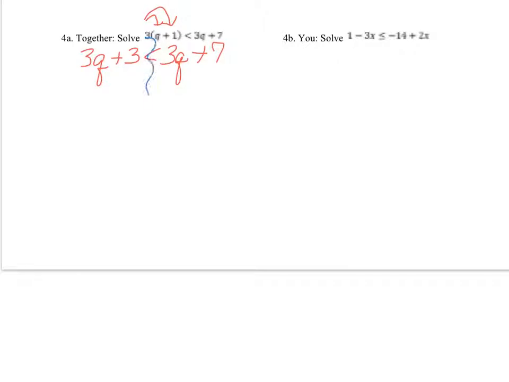I'm going to draw my little river. Okay, since we have variables on both sides, I'm going to move my variable first. See, I have 3Q here and a 3Q here, so I have to move my variable first. They're on opposite sides, so I have to do opposite operation, right? So I'm going to minus 3Q, minus 3Q.